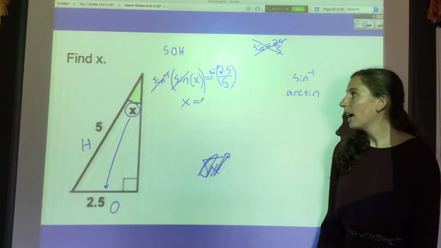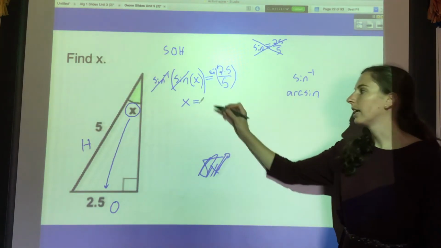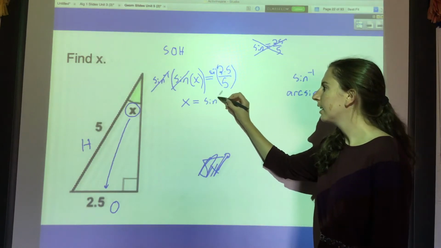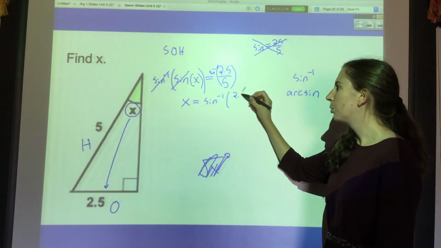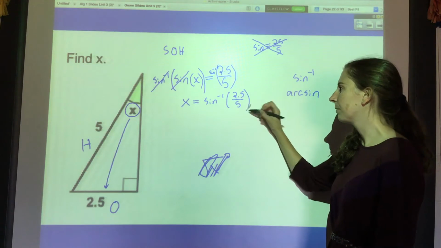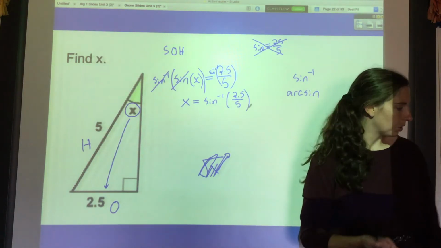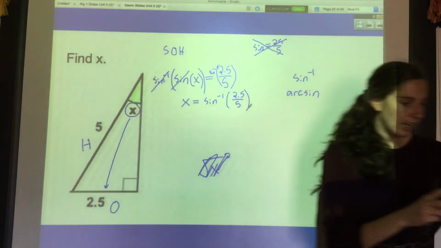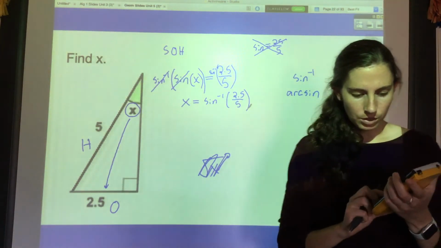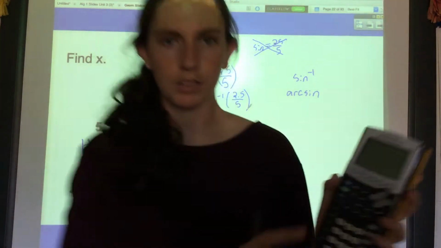So really, all I have to do is type this into my calculator. Sine inverse of 2.5 over 5, or 1 over 2. So a few calculator options here. If you're using a TI-84, you'll see this right above, I don't know if you guys can see this.